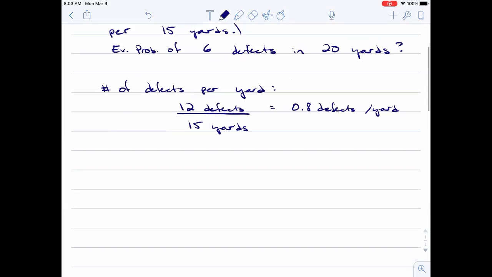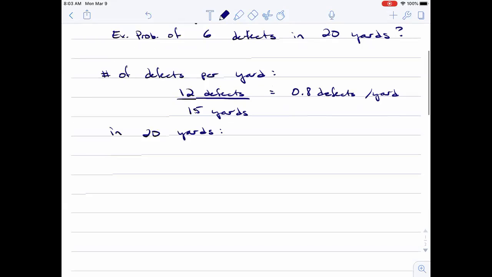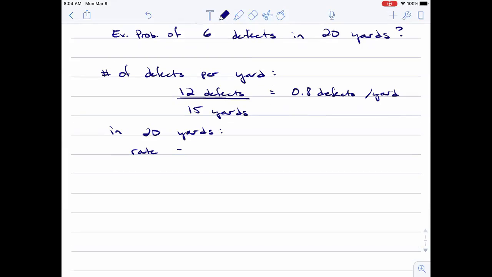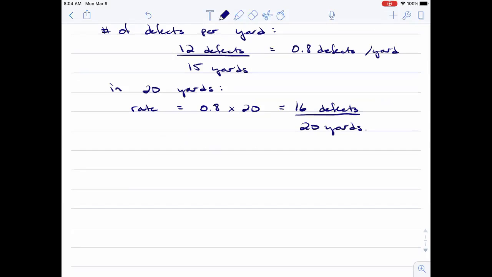So now in 20 yards, our rate is going to be 0.8 times 20, which is 16 defects per 20 yards. And so that's going to be your lambda.